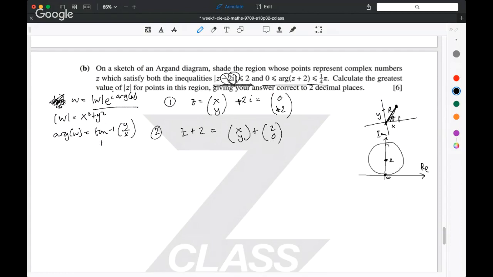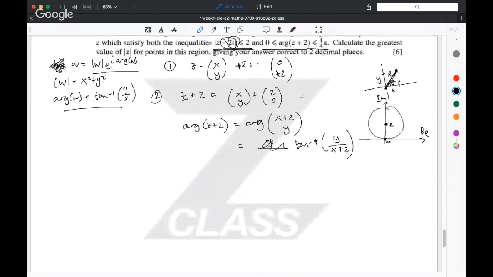So remember when I said that the argument is equal to the inverse tangent of this stuff. So the argument of z plus 2 is the argument of x plus 2, y, which is going to be equal to inverse tangent of y over x plus 2.